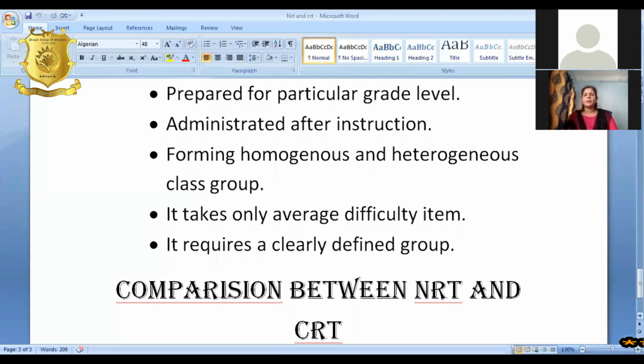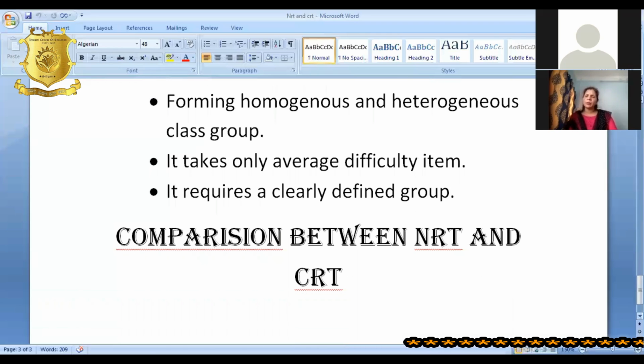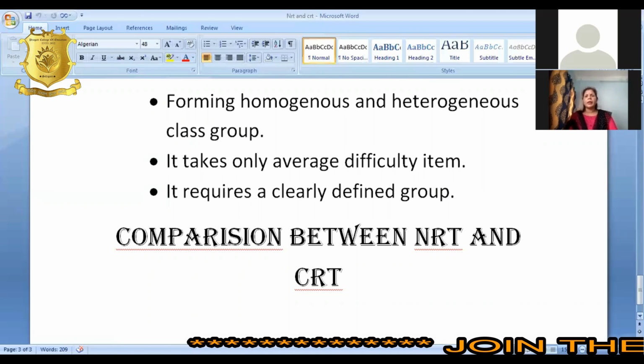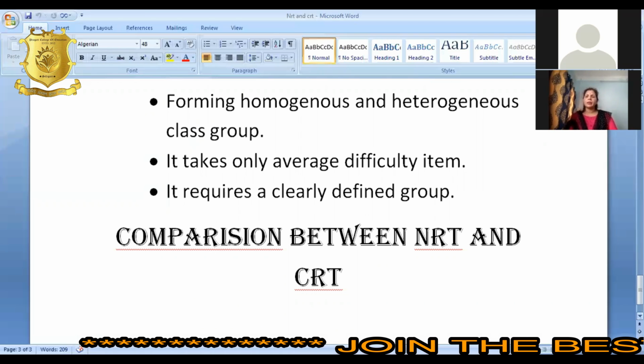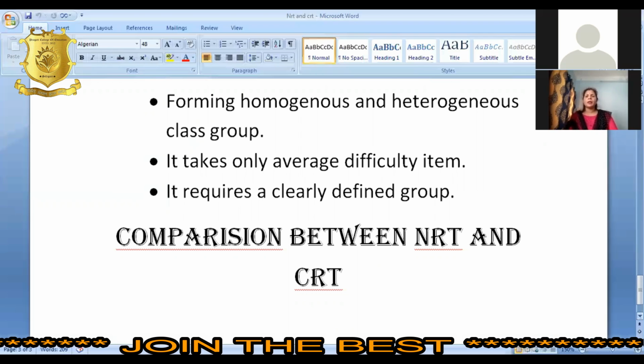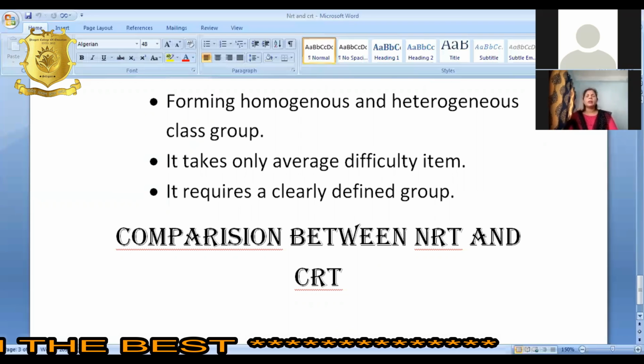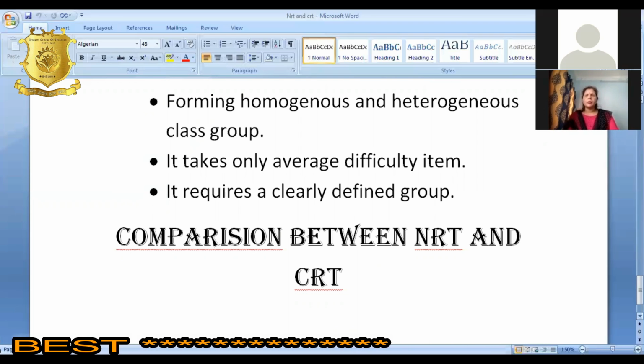Now we discuss the comparison between the NRT and CRT. The comparison means 2 points will come: the similarities between the NRT and CRT, and the differences between the NRT and CRT. First we'll discuss the similarities. The first point is the content, types of items, purpose, directions, and scoring.